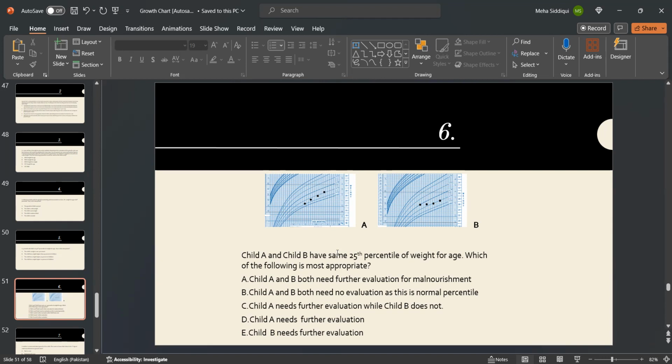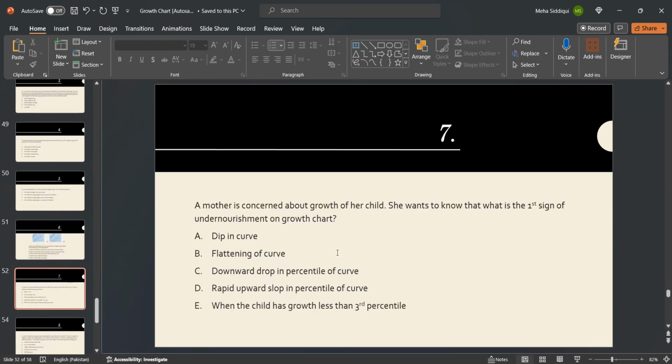Child B needs further evaluation. C. Yes, C is the right option.